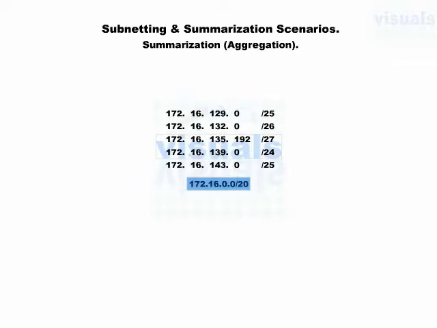172.16.128.0/19, because /19 provides the subnet mask of 255.255.224.0 and a block size of 32.